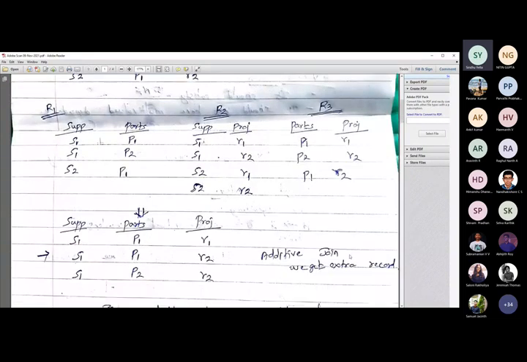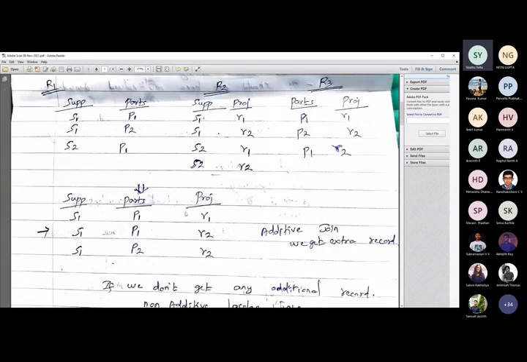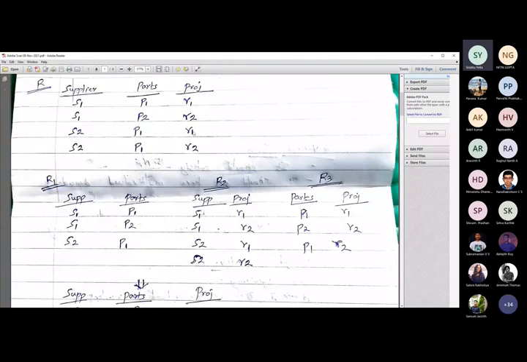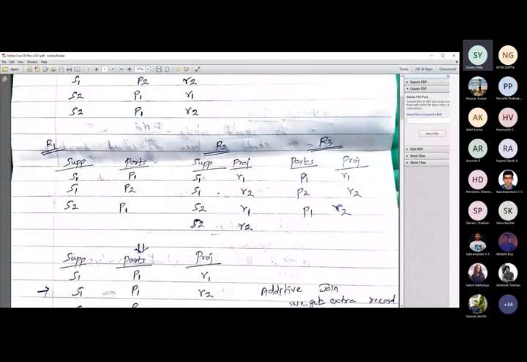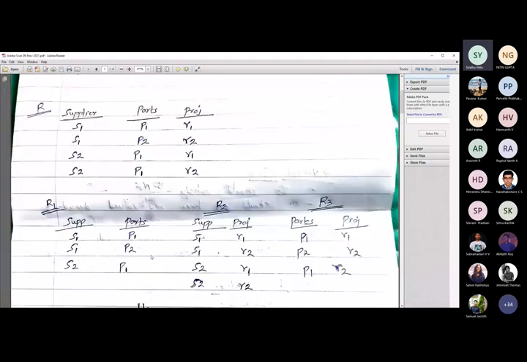So once you combine back the fragmented relations, once you do a natural join of the fragmented relations R1 and R3, you get some additional records that are being generated that are not present in the base relation, right? So you have R1 natural join R2, you have S1 P1 R1, S1 P1 R2, right? So S1 P1 R2 is not a valid record in the base relation.